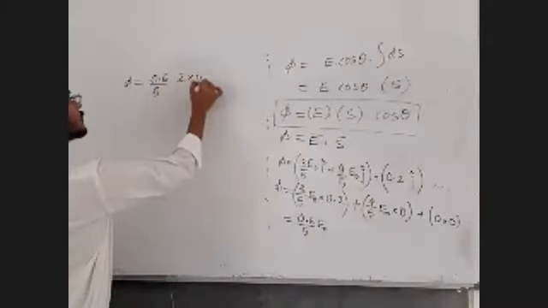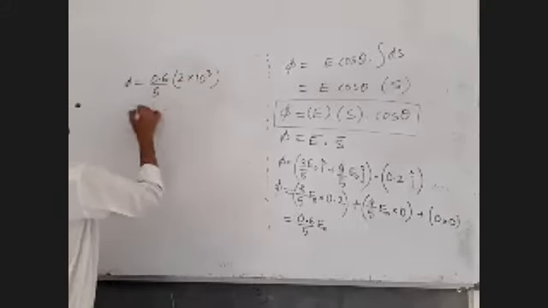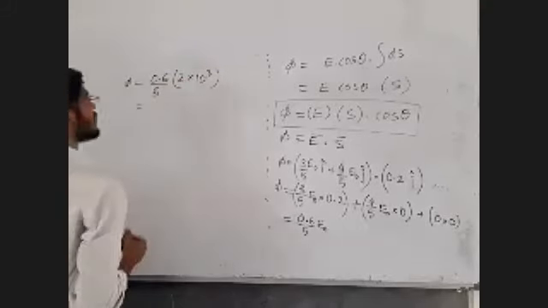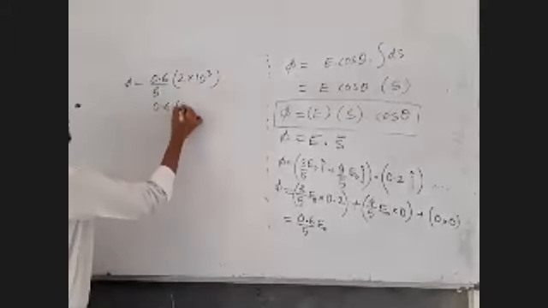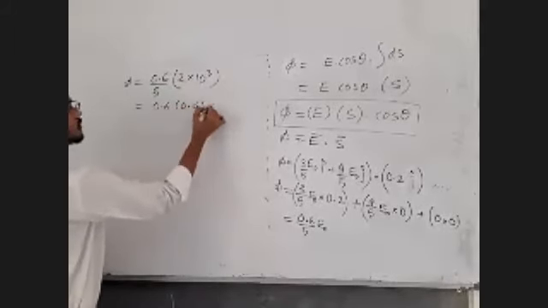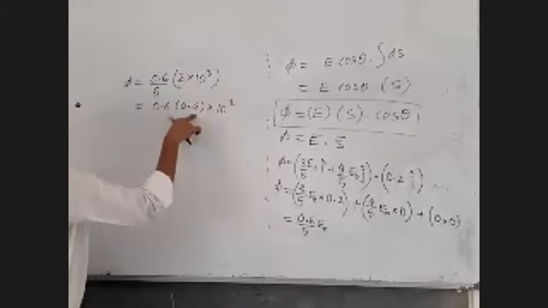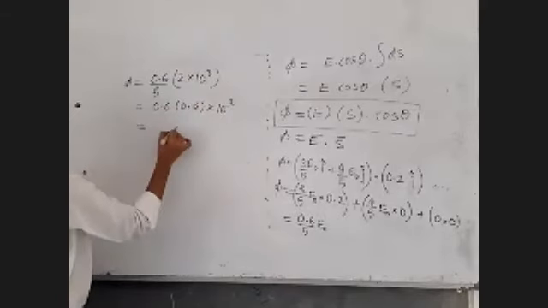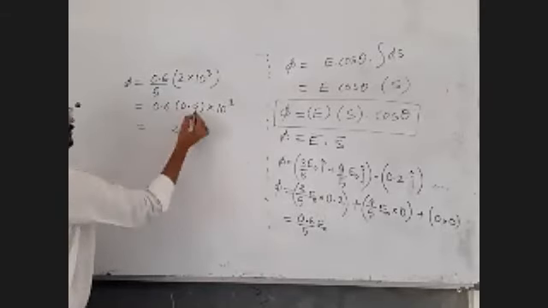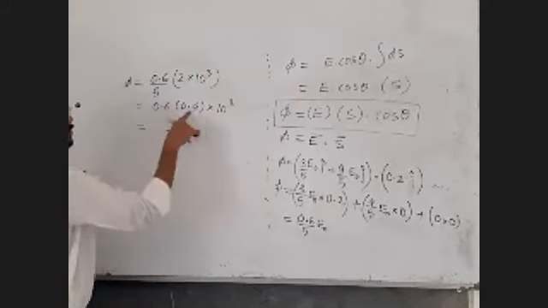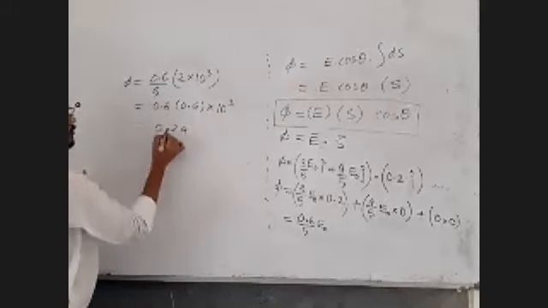Let's do this multiplication, then divide by 5. 2 upon 5 is 0.4. 0.6 into 0.4 is 0.24, so overall 240, into 10 raised to 3 adjusted accordingly.